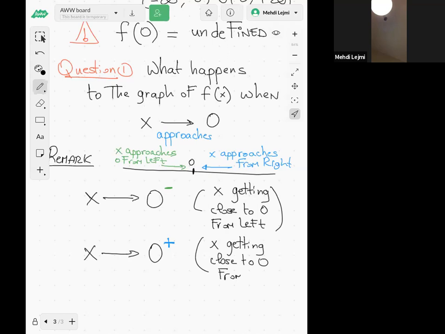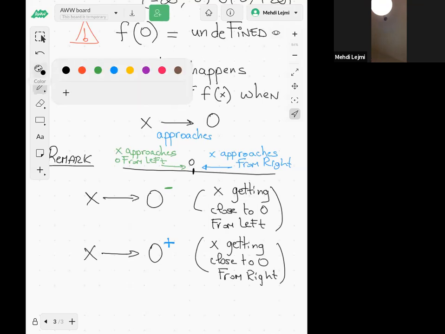So this is just a notation, guys. Again, the arrow means you are approaching 0, or of course it could be a different number. Instead of 0, it could be 1 or 2, any number. The minus means that you are approaching the number from the left, and the plus means that you're approaching the number from the right. So it's just a notation.